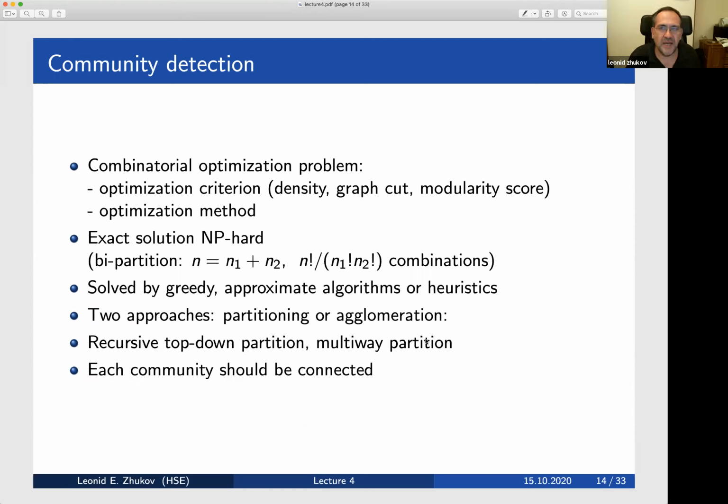So most of the time, this type of problem is solved by greedy approximation. Greedy means you have your target function that you're optimizing, and on every step you choose a direction that gives you a better and better value of that function, but it does not guarantee finding the best overall.